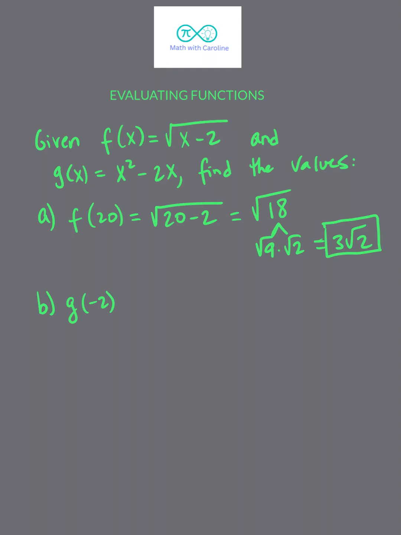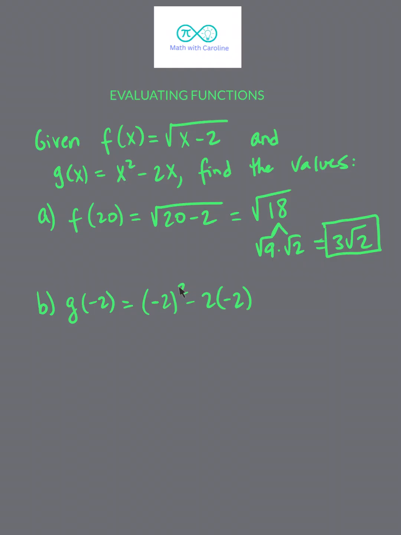For our next example, we'll do g of negative 2. Since this is g, we need to go to g of x, and our x is now negative 2. So we need to plug in negative 2 for every x in g of x. So we need to plug in negative 2 for this x and negative 2 for this x. Now it's important to have these parentheses around this negative 2 because you're squaring x, and x is negative 2.